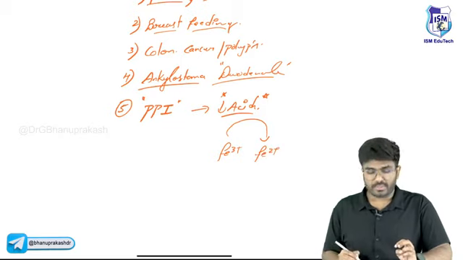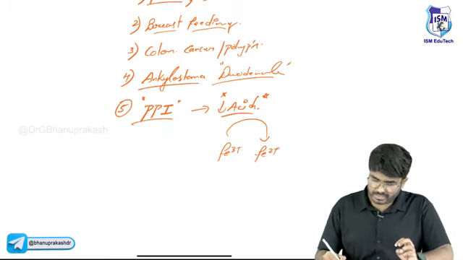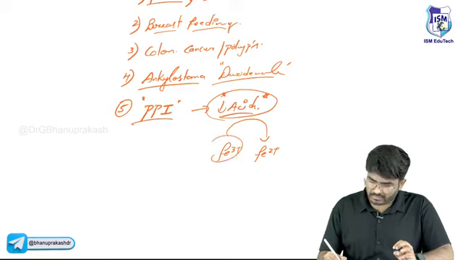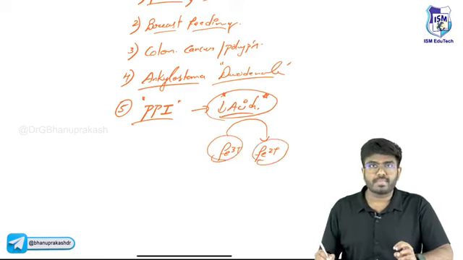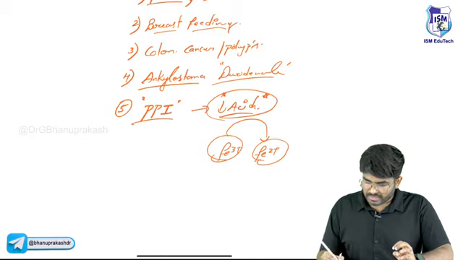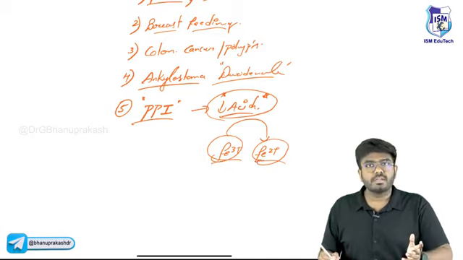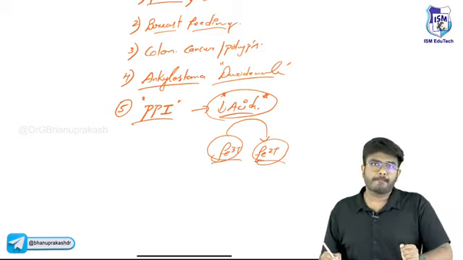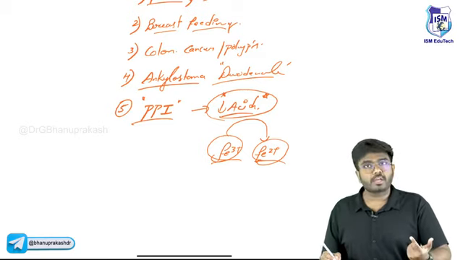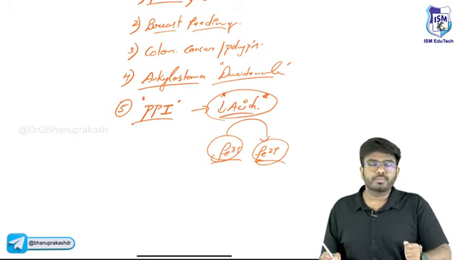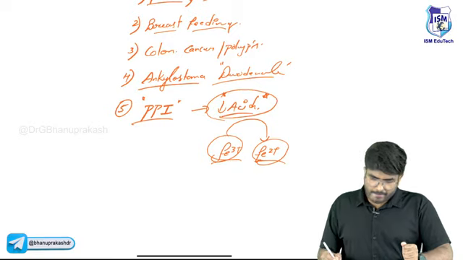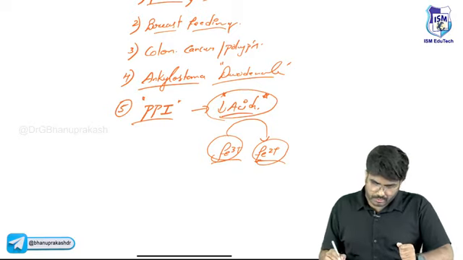If you give proton pump inhibitors, acid goes down, so the conversion of Fe3+ to Fe2+ decreases, and iron absorption decreases. So proton pump inhibitors can cause iron deficiency. These are the points I want you to know.